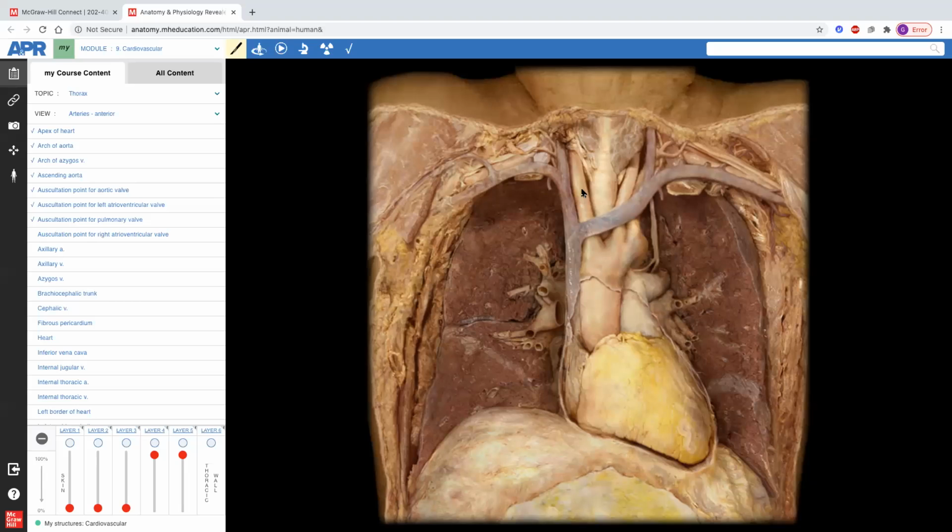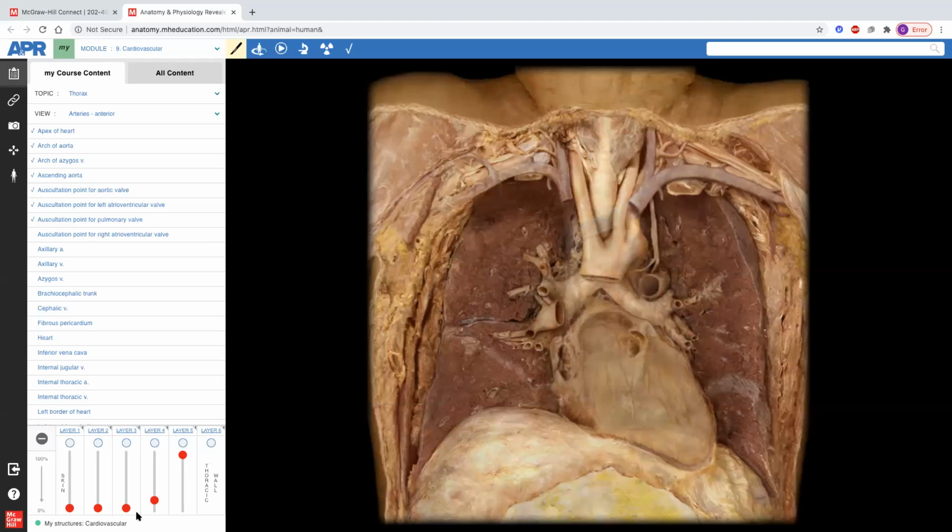The right side, we also see a right common carotid. We will also see a right subclavian, but they're a branch of this brachiocephalic trunk. In other words, right here. When we remove these veins, what we'll notice is that on the right side, we have a common carotid. The common carotid is going to bring blood flow to the brain, to the face, to the skull.